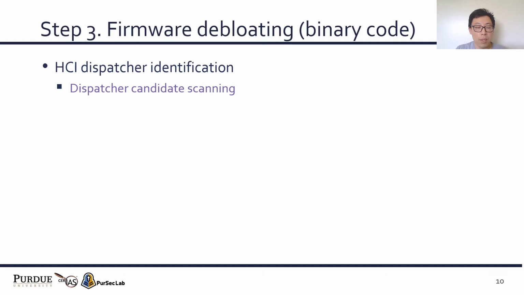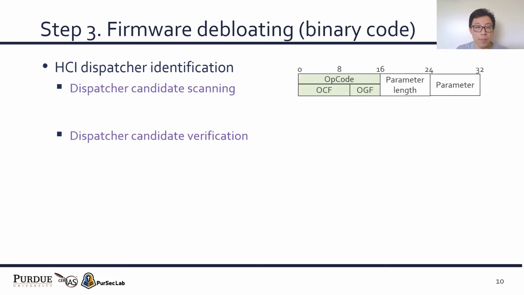So LIGHTBLUE uses a two-step approach to identify the dispatcher function. First, it scans the whole firmware to find all the candidate functions, and then it verifies each of the candidate functions to find the correct dispatcher function.